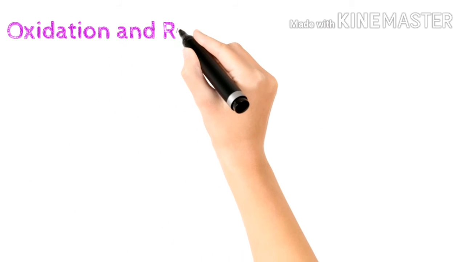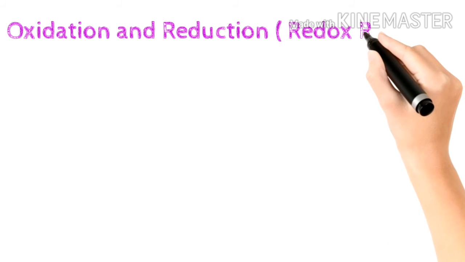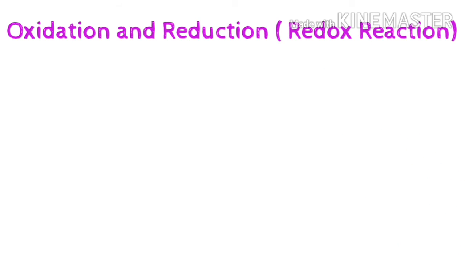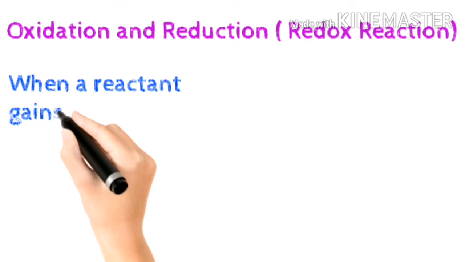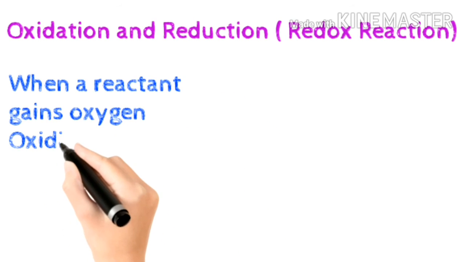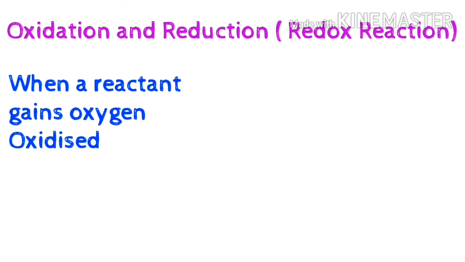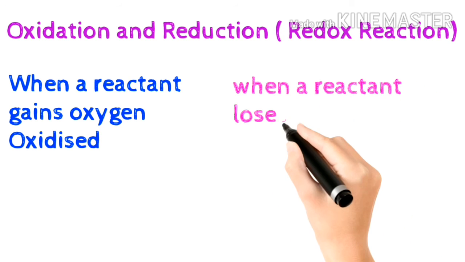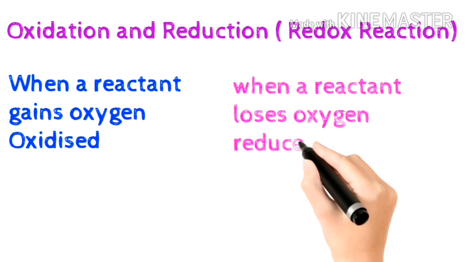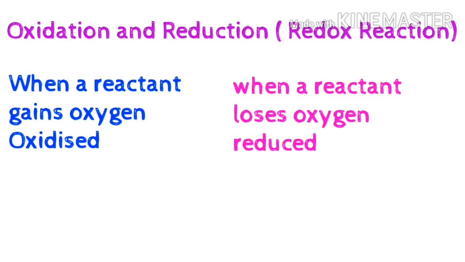The last type of classification is oxidation and reduction. We call it a redox reaction. It is very easy. In a chemical reaction, if a reactant gains oxygen, it is said to be oxidized. Similarly, if a reactant loses oxygen, it is said to be reduced.